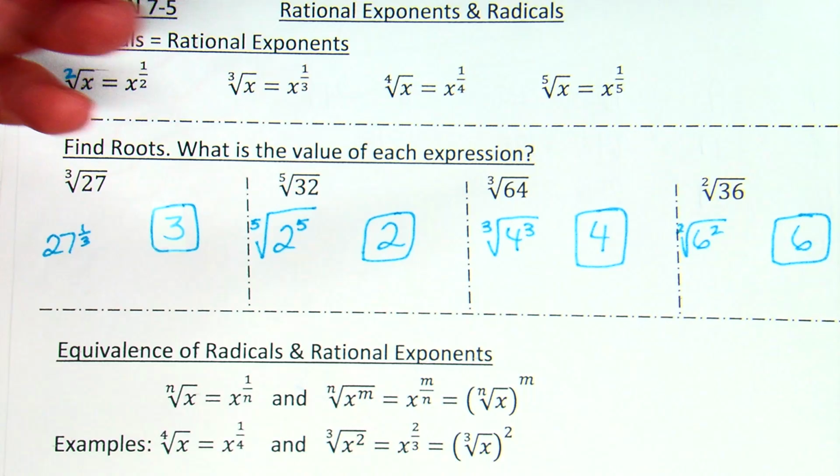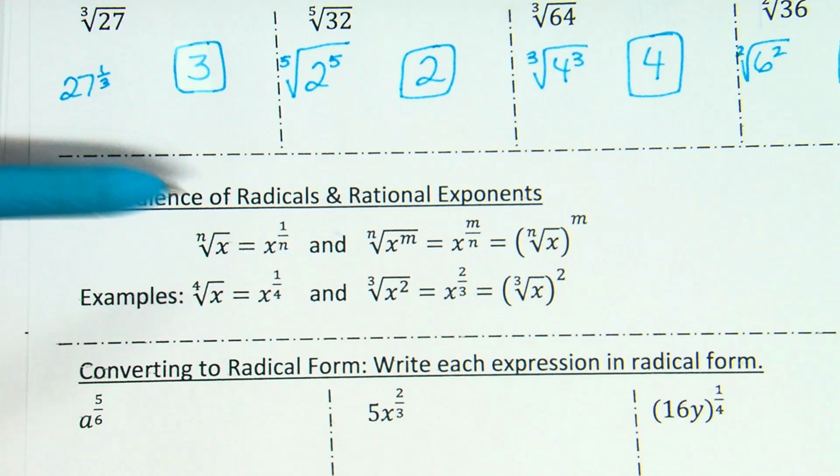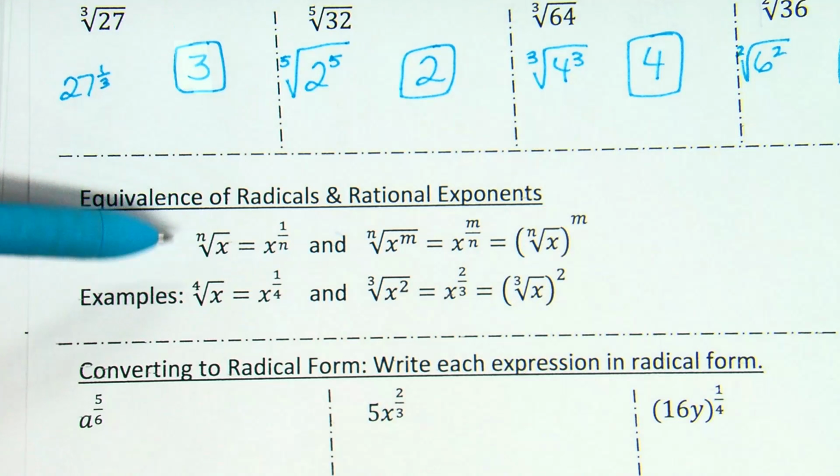And so, just some basic rules here. First of all, the nth root of x can be rewritten as x to the 1/n. So if there's an n right here in the index, that's what that spot's called, that little radical spot, that goes in the denominator, right?